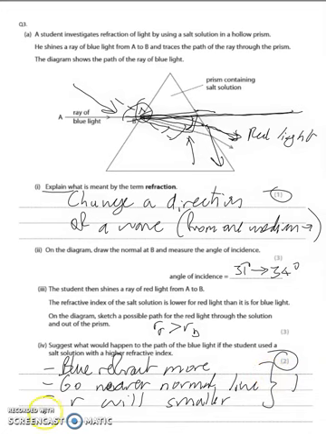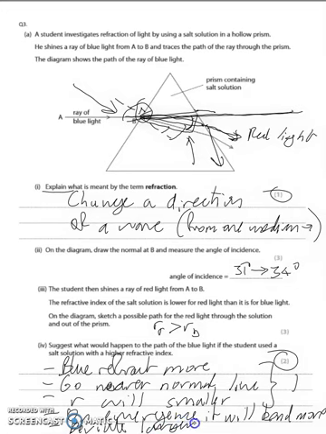For the second, on emergence, it will bend more, or it will deviate by a larger angle. Okay, so this is a higher refractive index now.